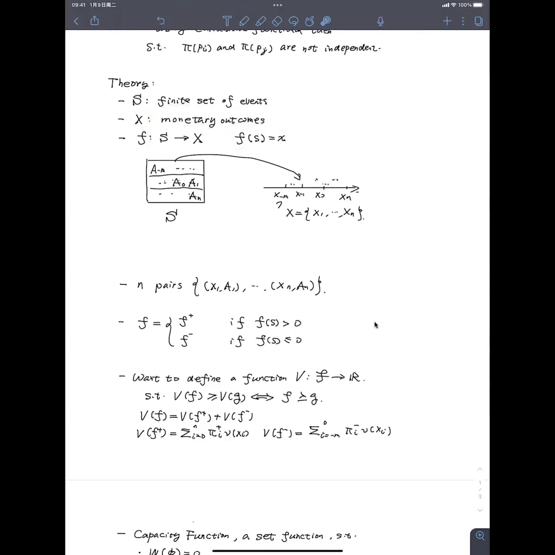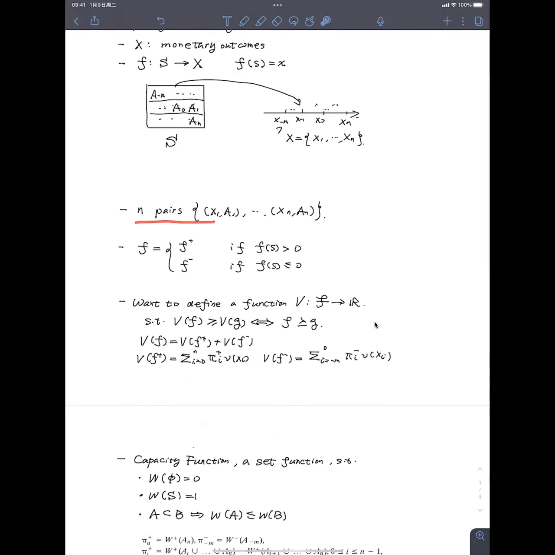For gains we use positive numbers, and for losses we use negative numbers, and we put this rank order with a subscript A. So the different A's here represent different events in the S set, and correspondingly we will have n plus n pairs of events in this set.